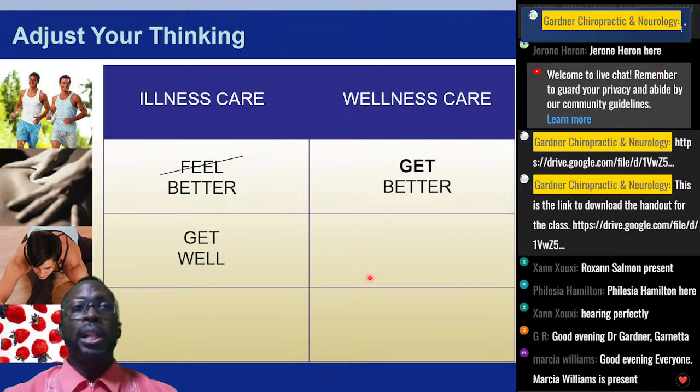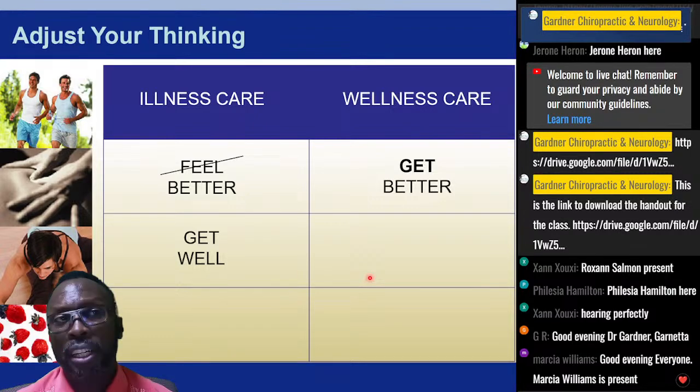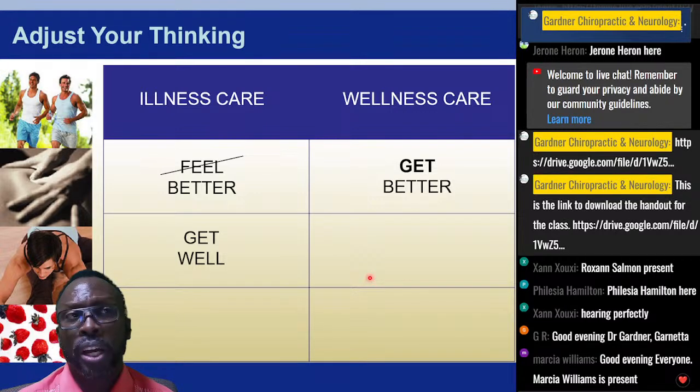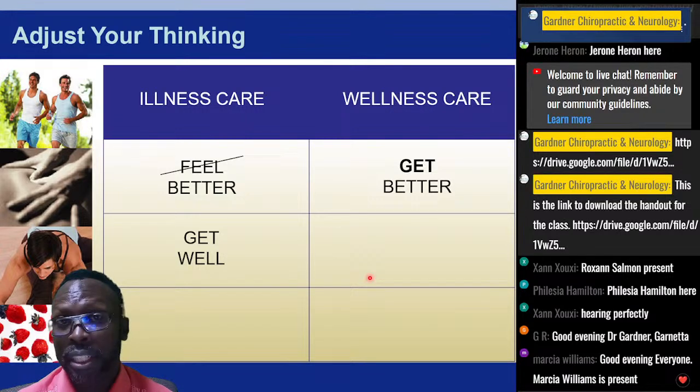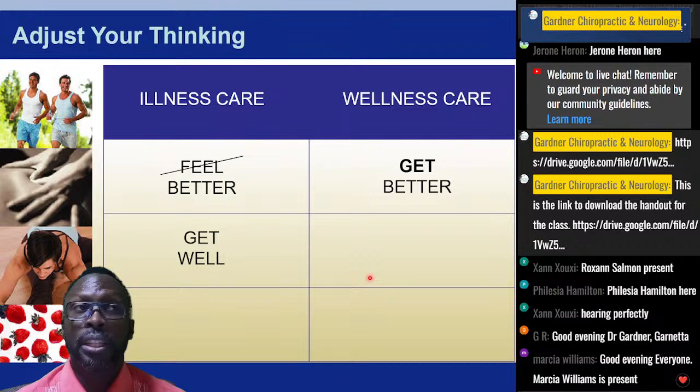Well, the downside about this notion of getting well soon is that it's focused on the outcome. It's like you're going on a journey and your focus is on the destination. If you're driving on a journey and your focus is the destination, then the journey is only as important as it is to get you to that destination.